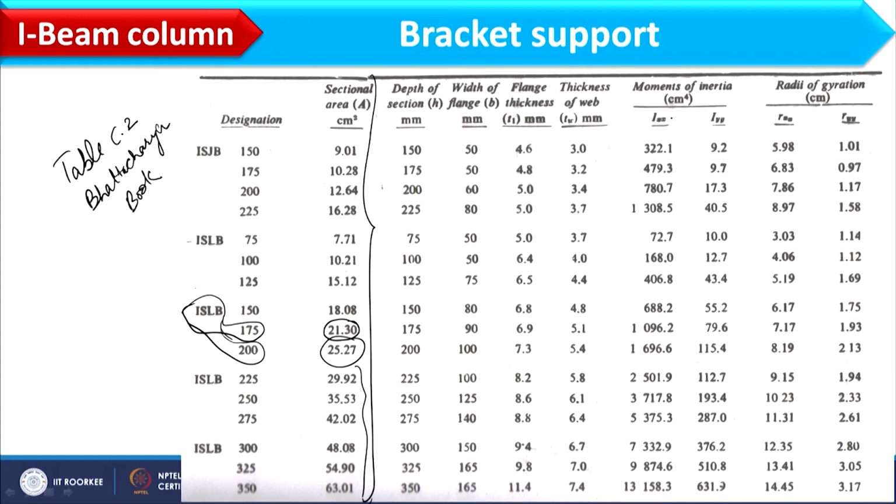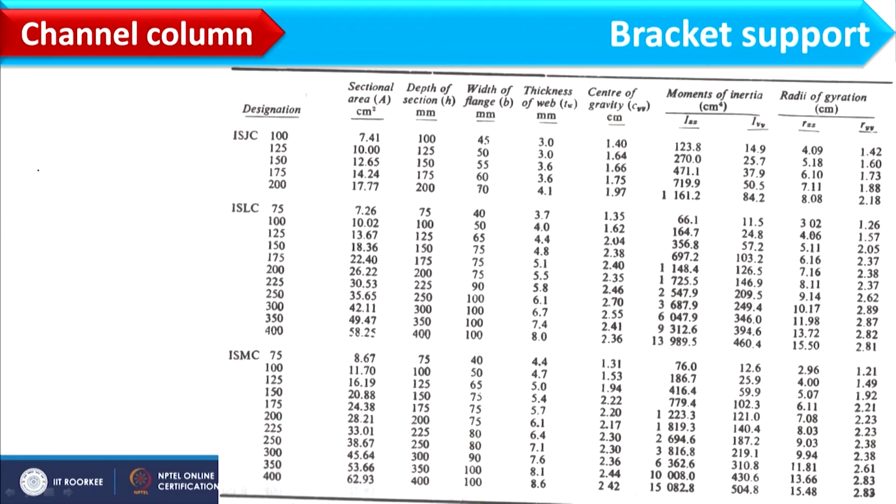However, for other parameters, IXX, IYY and HB, all these values you can see from this standard, which are also shown in the schematic I showed in the last slide. So this is for I-beam. Now we have the channel. Here table C3 is in the same book, and again you can focus on sectional area for 20.